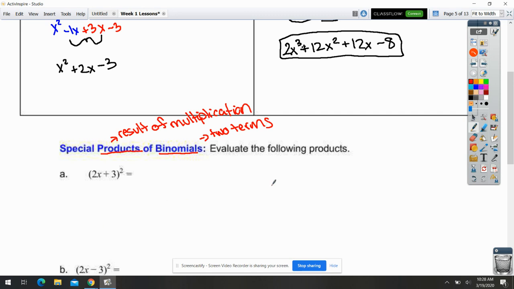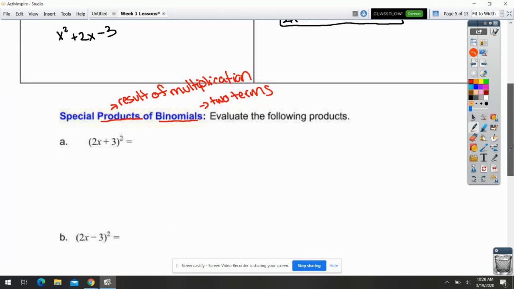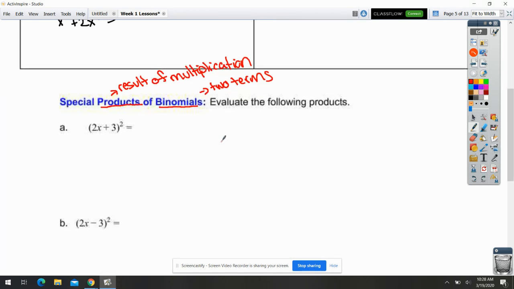So I want us to evaluate the following products. Guys, this all has a purpose coming up when we're doing quadratics with parabolas. It will make more sense, but for now we need these skills to be able to handle the upcoming content. So this all has a purpose.